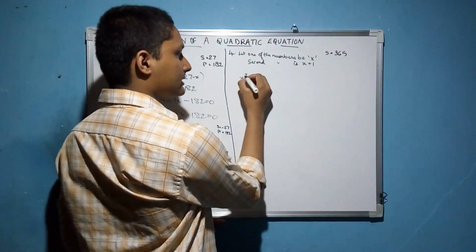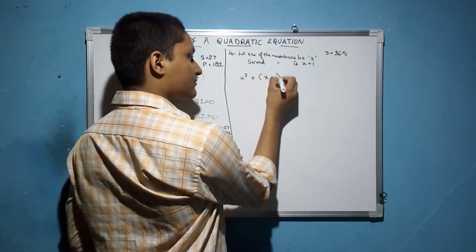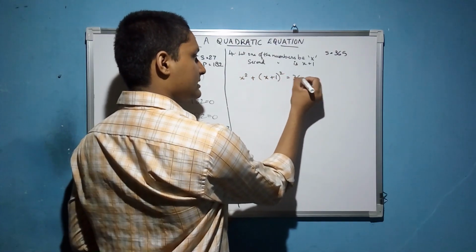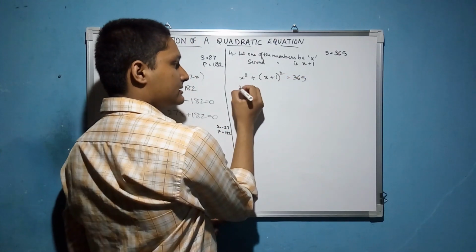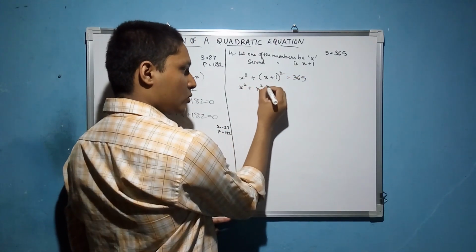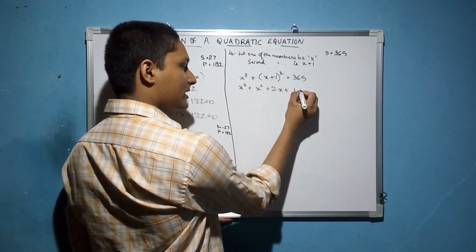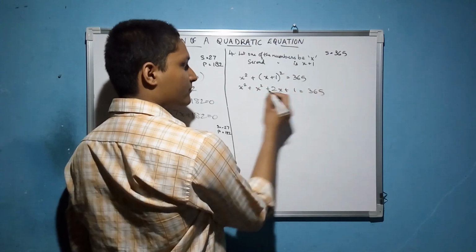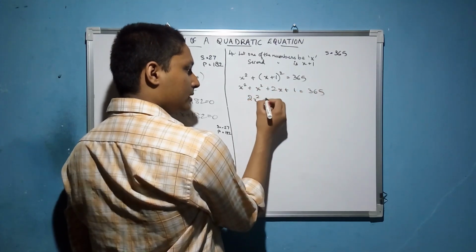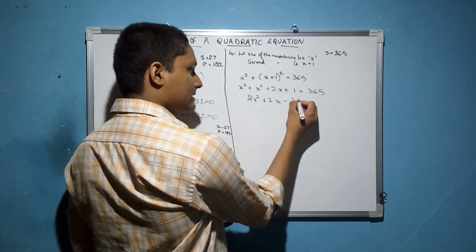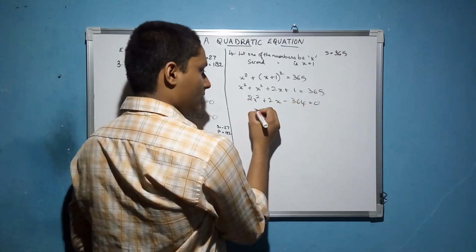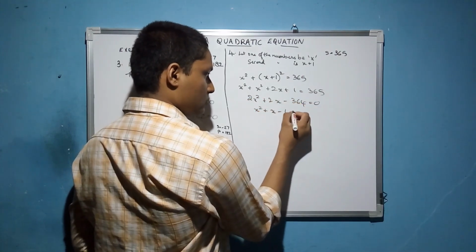So I have to write x square plus x plus 1 whole square is equal to 365. I'll expand this. You'll get x square plus 2x plus 1 is equal to 365. So you get 2x square plus 2x minus 364 is equal to 0, or x square plus x minus 182 is equal to 0.